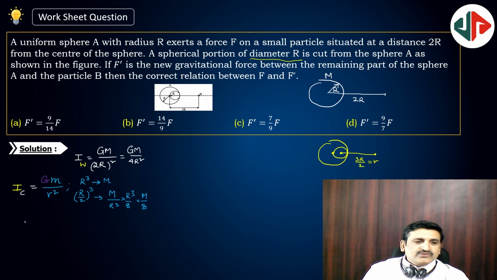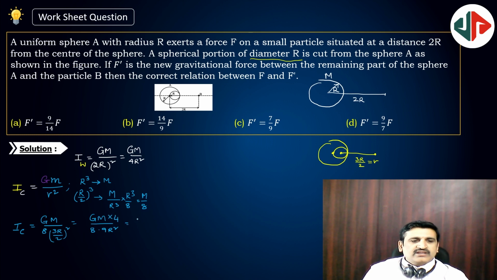So the cut portion's field is G M by 8, and the distance is 3r by 2 whole square. Its simplified form will be G M by 8 into 4 by 9r square.